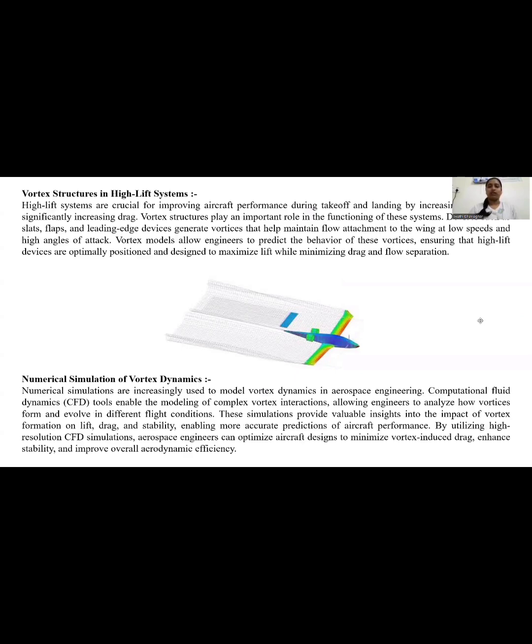Devices such as slats and leading edge devices generate vortices that help maintain flow attachment to the wing at low speed and high angles of attack. Vortex models allow engineers to predict the behavior of the vortices, ensuring that high lift devices are optimally designed to maximize lift while minimizing drag and flow separation.